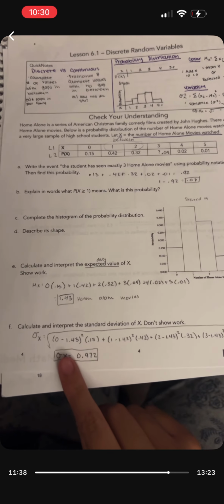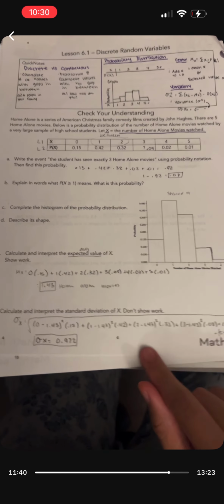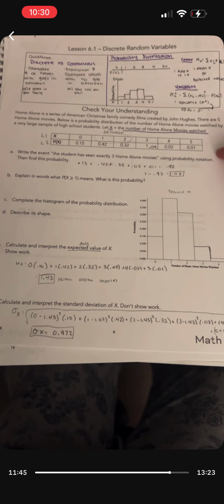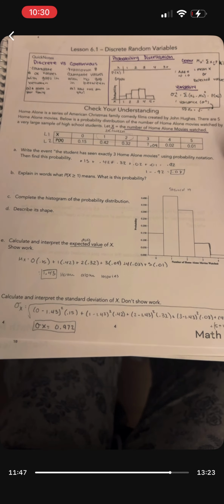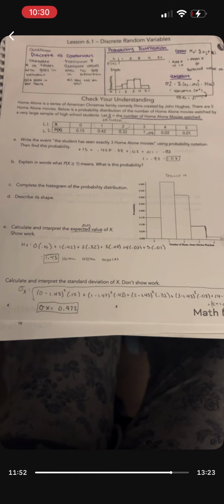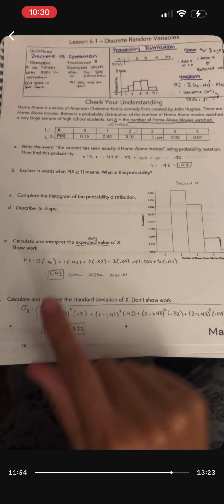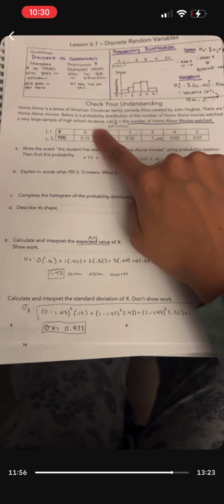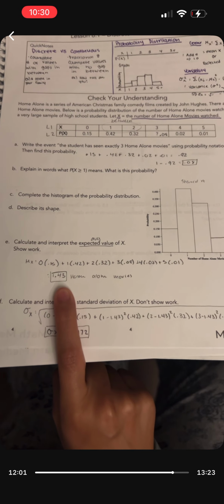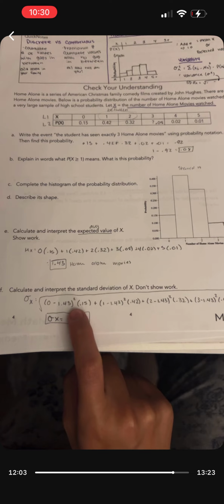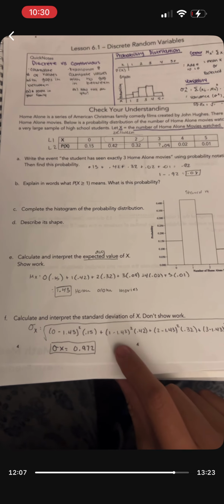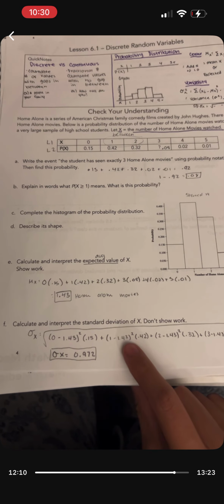Okay, now for standard deviation, this one you can either put both lists onto the calculator, and then you have to do a certain way to get the standard deviation, or you could do 0, which is right here, it's list 1, minus 1.43, which is your expected value, times 0.15. So you're kind of going to do the same thing. So now you're going to do 1 minus 1.43.